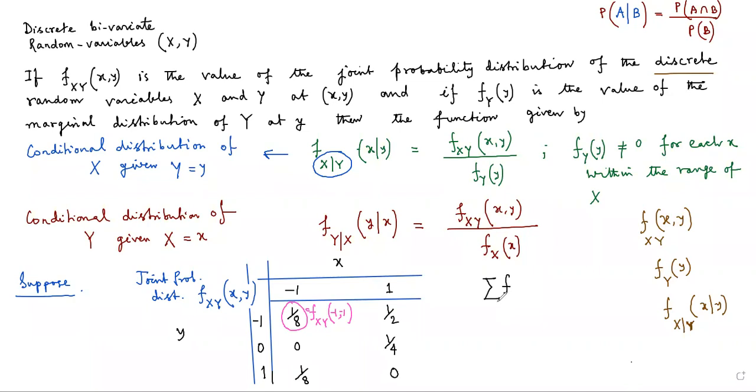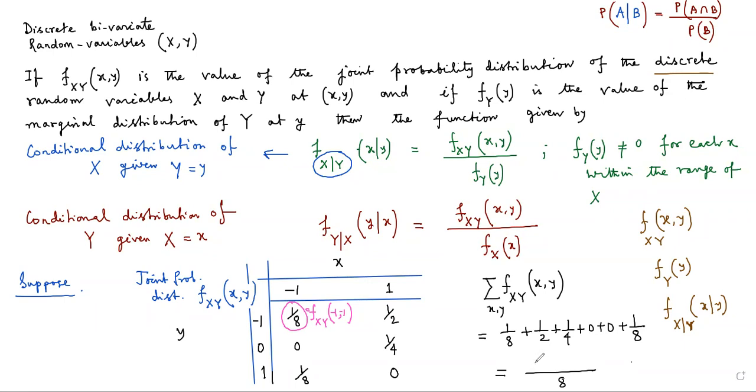So if you want to check whether the given chart is a joint probability distribution or not, we take all the items together, take the sum of these items and check whether the sum is 1 or not. So the sum is 1/8 plus half plus 1/4, plus 0 plus 0 plus 1/8. Let me just check whether this is indeed a probability distribution or not.